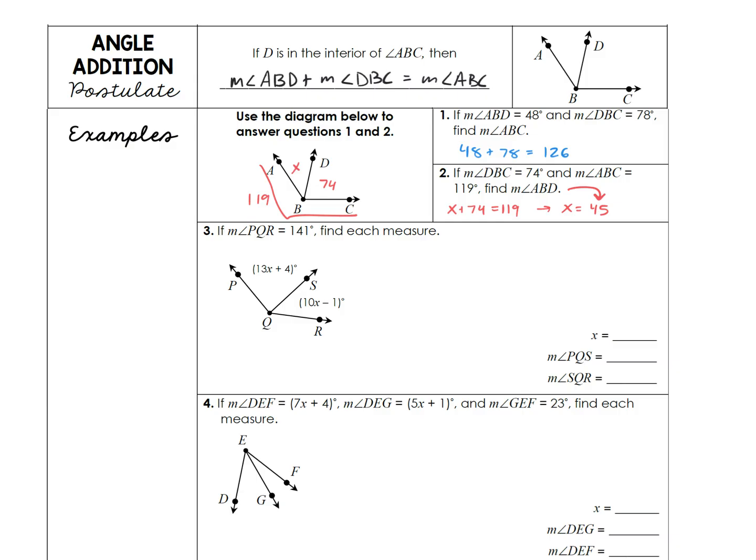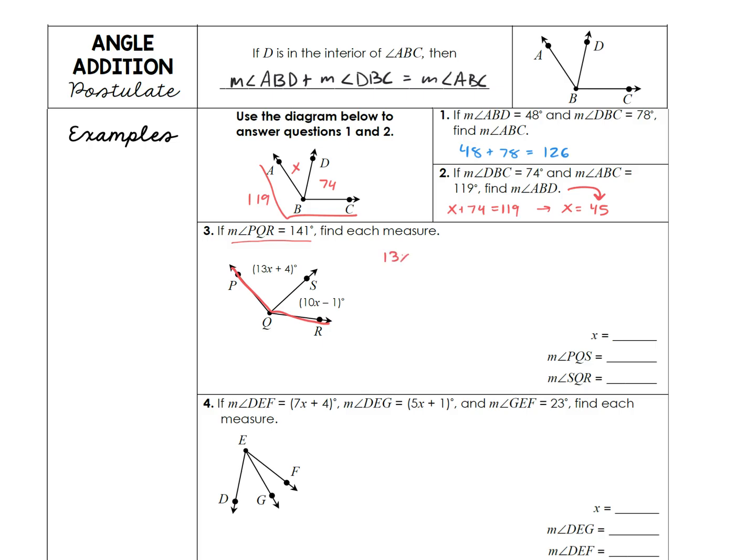All right, let's do one of the other examples. So in this one, everything is labeled, and that's always a good place to start. If you don't have a labeled picture, label it yourself. So we have the measure of angle PQR is 141, and that is the big angle. So all conditions for angle addition postulate are met.